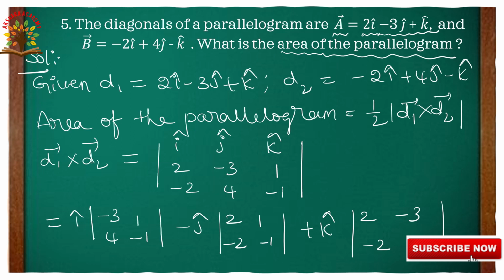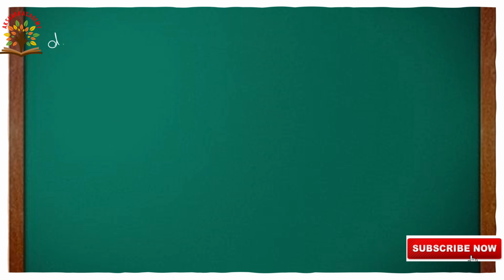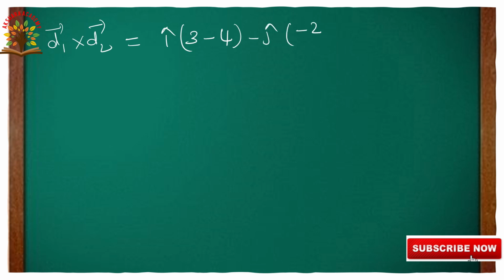Next, the cross product of d1 bar and d2 bar is i cap of 3 minus 4, minus j cap of minus 2 plus 2, plus k cap of 8 minus 6.